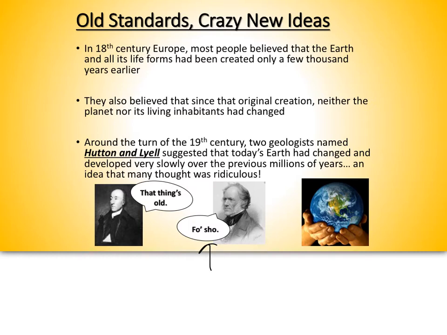Because of the changes that we can see occurring so slowly during a lifetime, it makes a lot more sense that our planet is millions of years old. Now, most people thought that these guys were nuts, but a few people took what they said to heart, and one of those people, a few years later, was Charles Darwin.